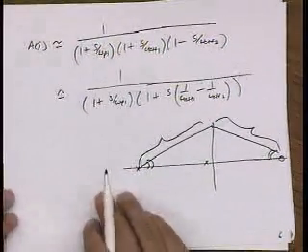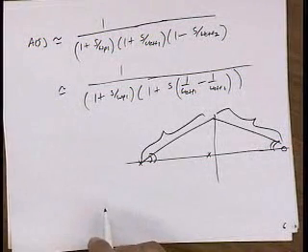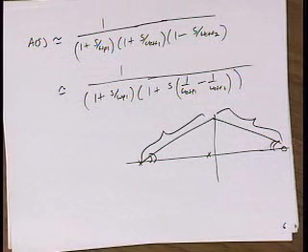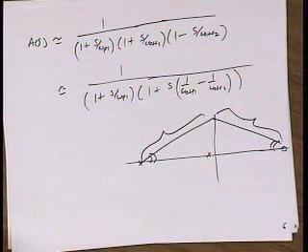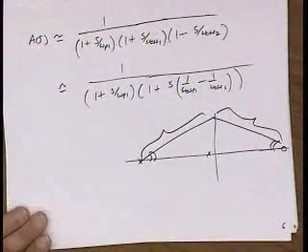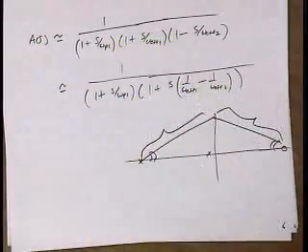All right, so all I wanted to do here was justify the fact that oftentimes we just pretend like we have one non-dominant pole, and we do all our compensation in terms of that one non-dominant pole, whereas in fact you know that there are hundreds of poles and zeros in your system. But if there's one non-dominant pole that happens to be at a much lower frequency than all the others, then you're very well justified in neglecting all the others and just considering the effect of the first non-dominant pole, right?